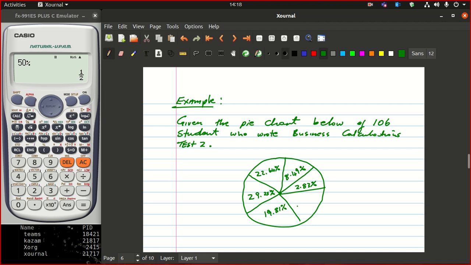And then this one here is going to be 16 point something, because I want these things to add up to 100%.